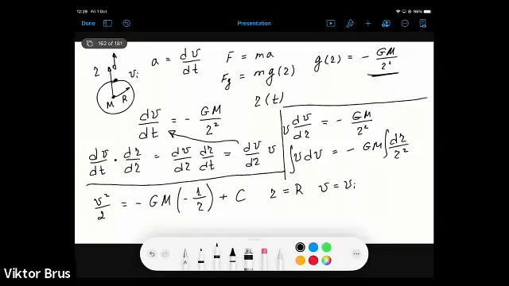So now we can apply this boundary condition in order to determine the unknown constant.